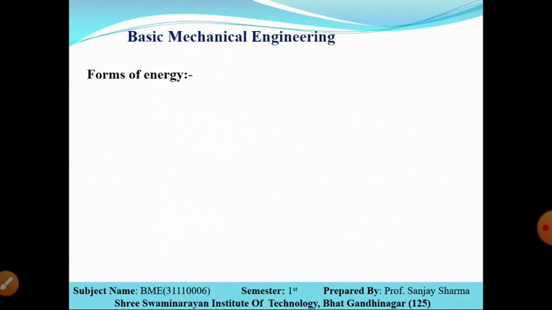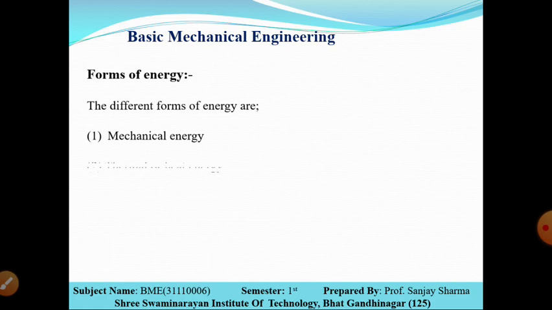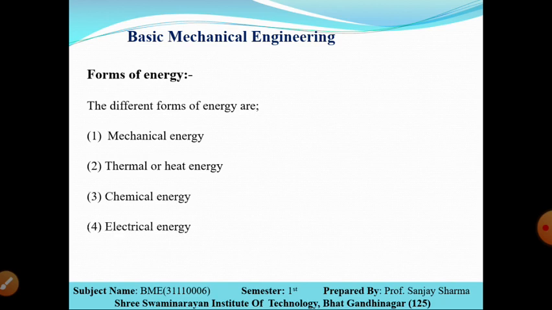Now, what are the different forms of energy? Friends, you might be aware of the different forms of energy. Let us recall it. The first is mechanical energy. Second is thermal or heat energy. Third is chemical energy. Fourth is electrical energy.